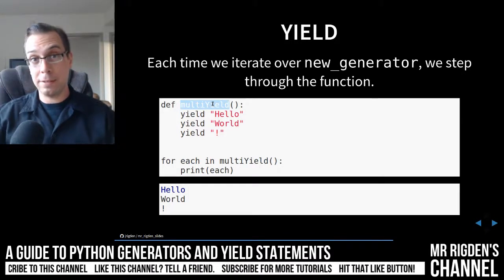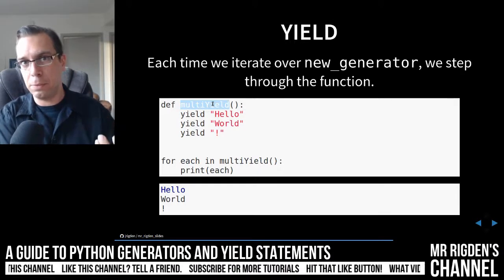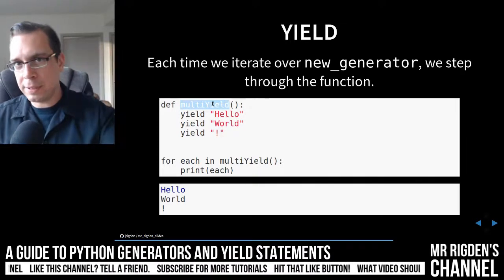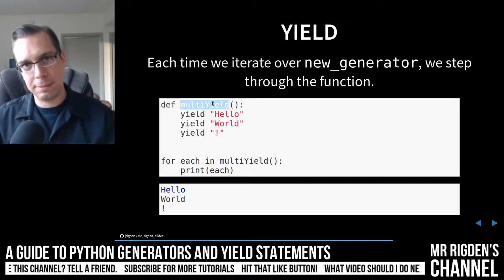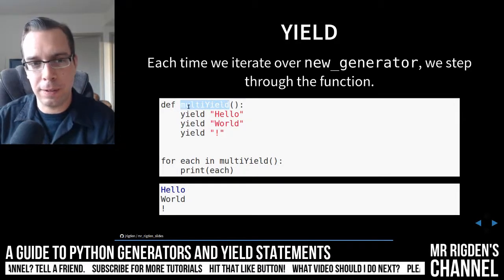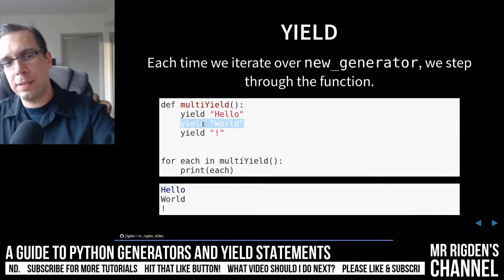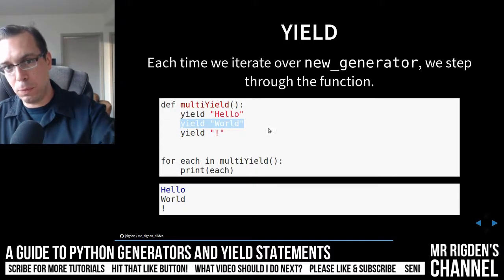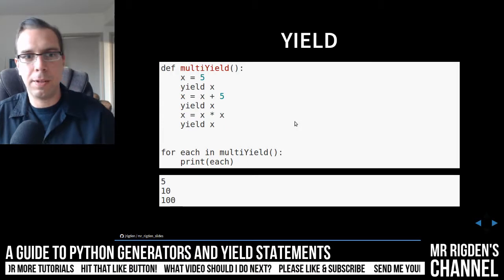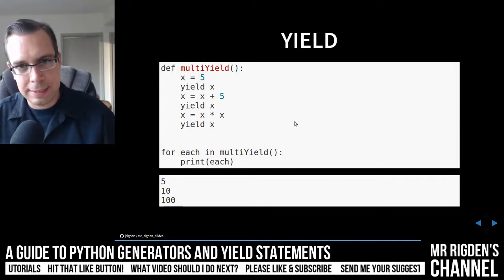Each time yielding a value, but it remembers where it is, right? So as we call multi-yield, it remembers, oh, I already did hello, so now my next one is going to be world.